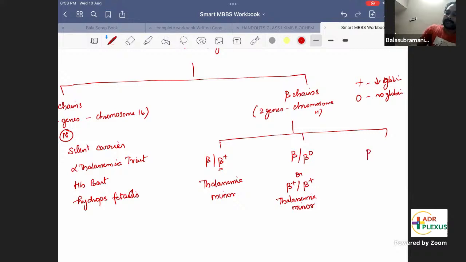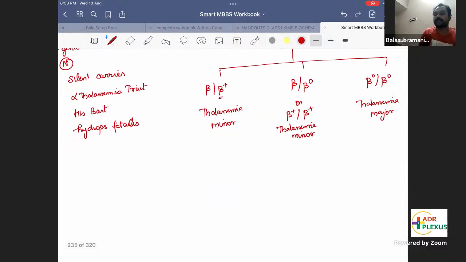The last one, both are out. Then this is called thalassemia major.